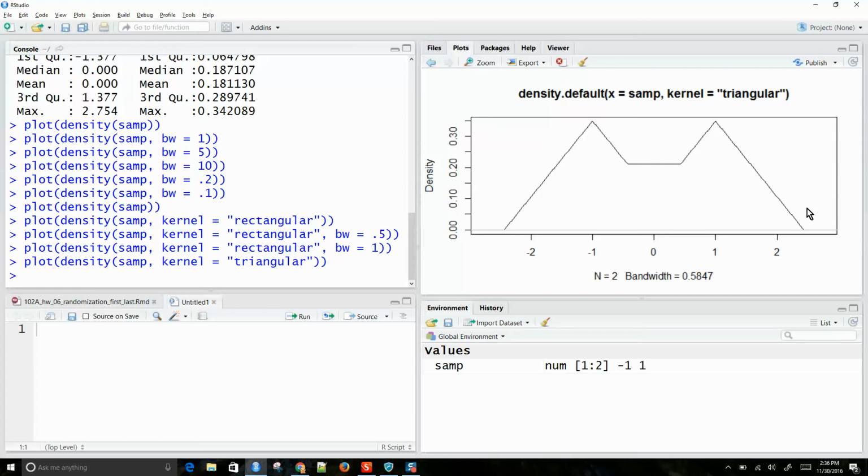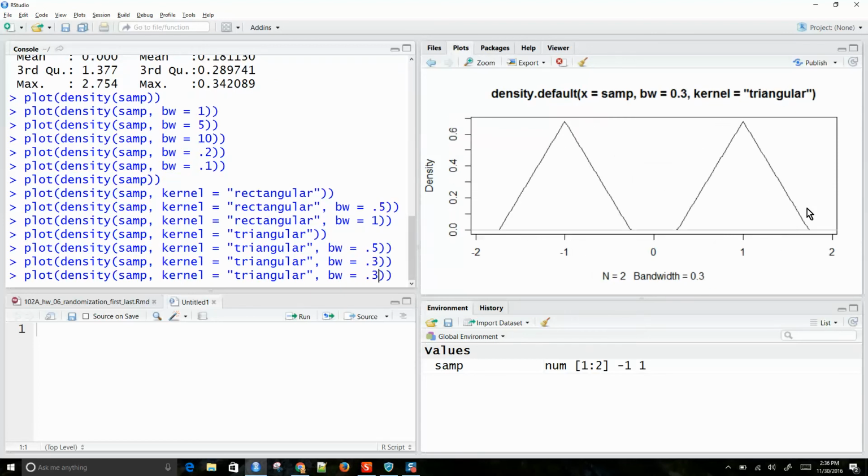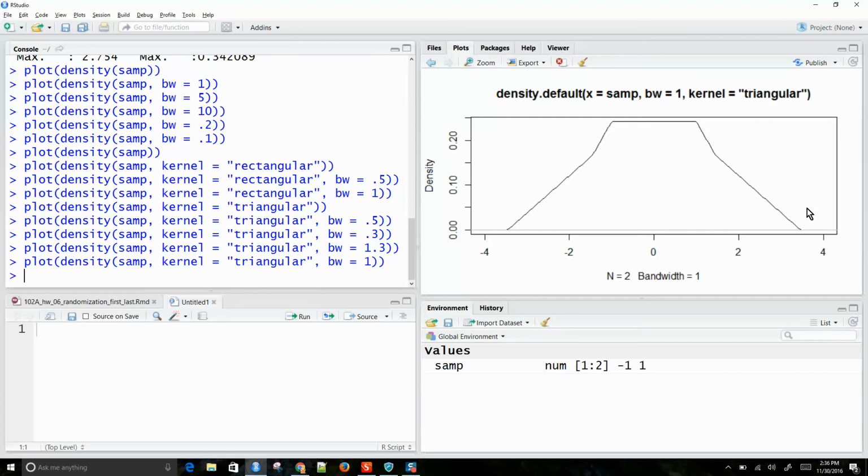And again, if I decrease the bandwidth, the bimodal nature becomes more pronounced, and if I increase it, you get something that looks different. At this point right here, the triangles overlap to a point where you get almost like a little steep edge right there.